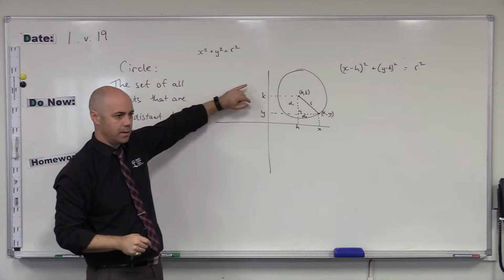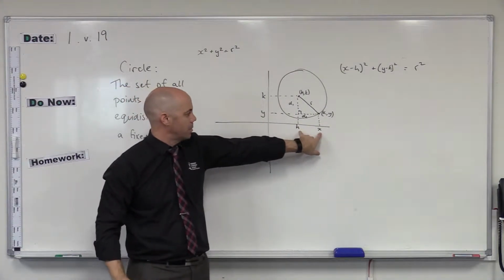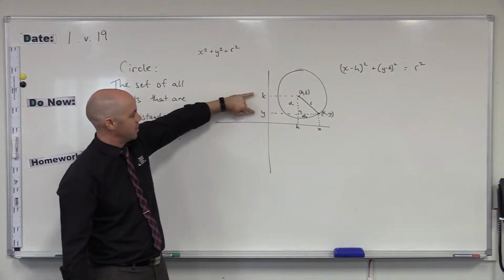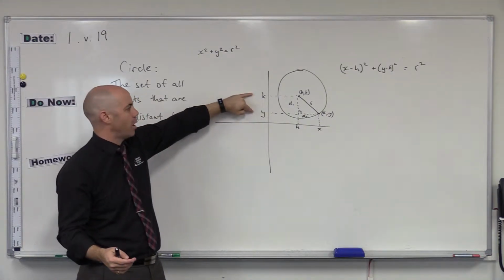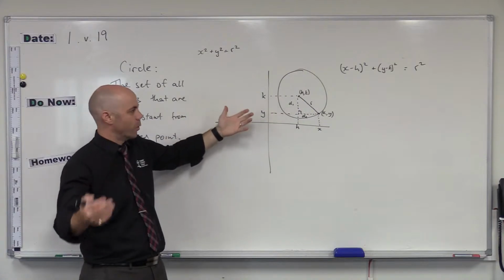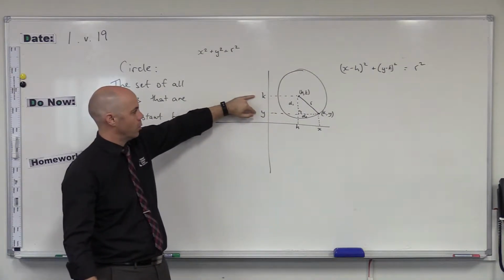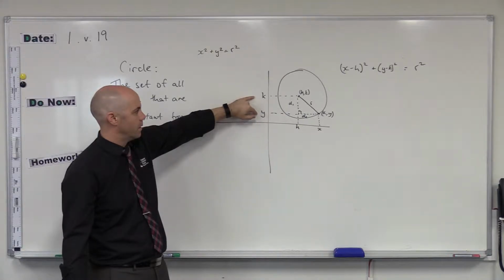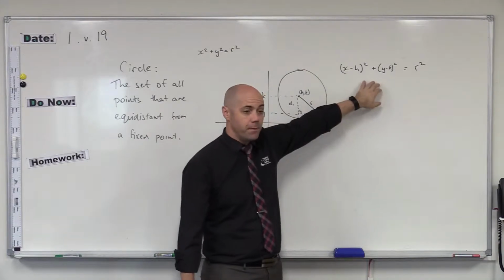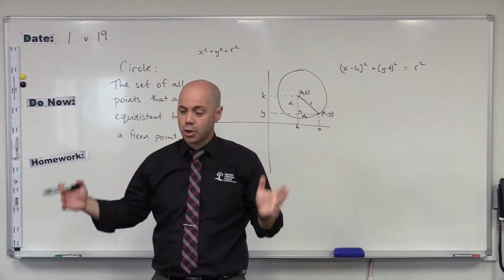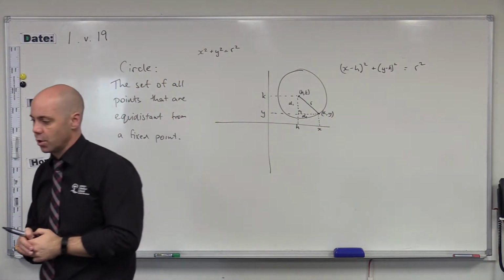Can everyone see that? So that distance there is the same as x minus h, and that one's the same as k minus y or y minus k. Just to keep things neat, we go with y minus k, because when you square it, it all comes positive anyway. And so that is our now completely general form of a circle equation.